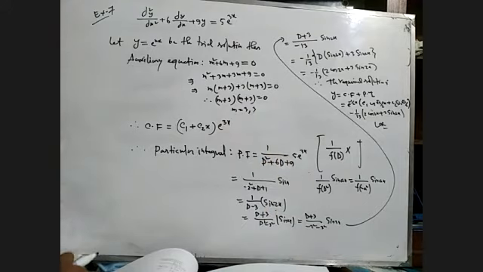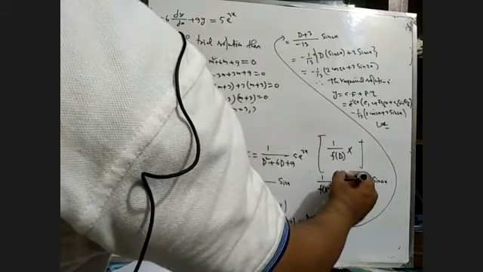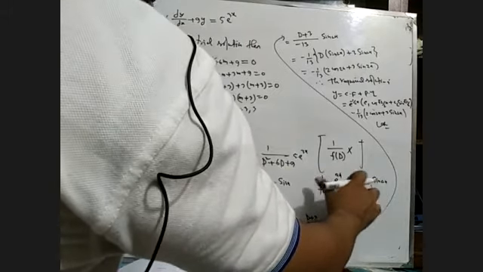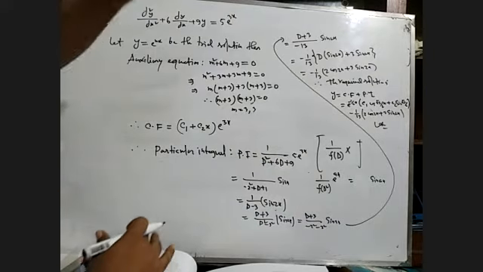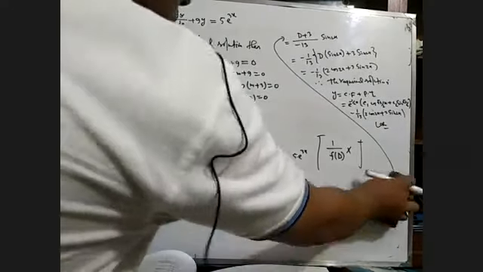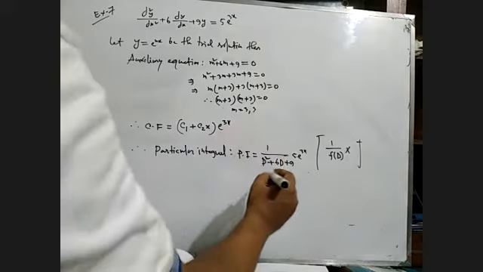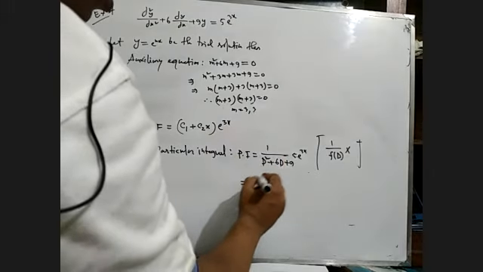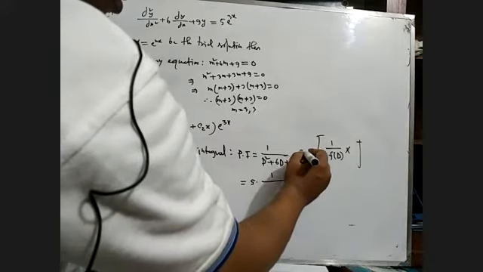Okay, so e to the power ax rule, we have to use this rule. This will be coefficient square. So this equals coefficient is 5, 1 by just e to the power ax.